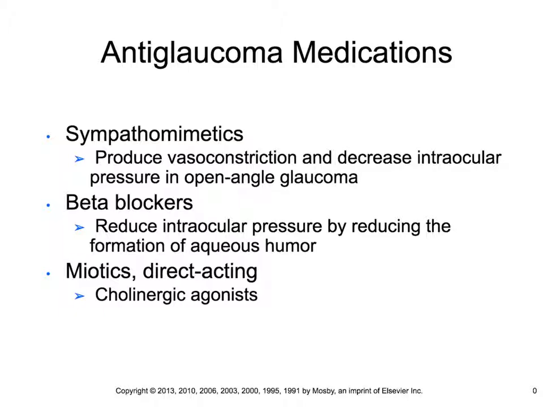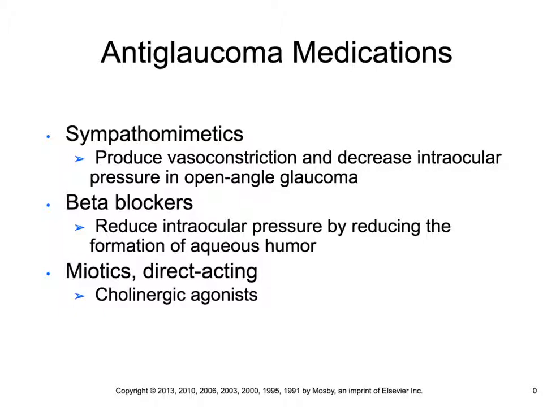So then we talk about the miotics, the direct-acting cholinergic agonists. The miotics activate the cholinergic system, which reduces intraocular pressure by causing the iris sphincter contraction and the pupil constriction.